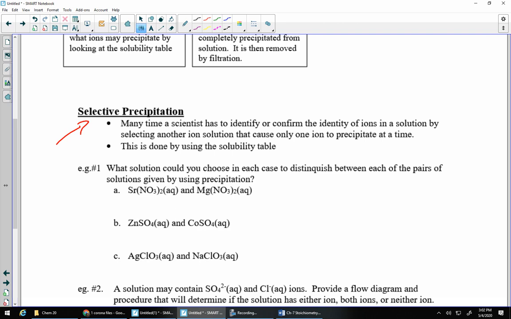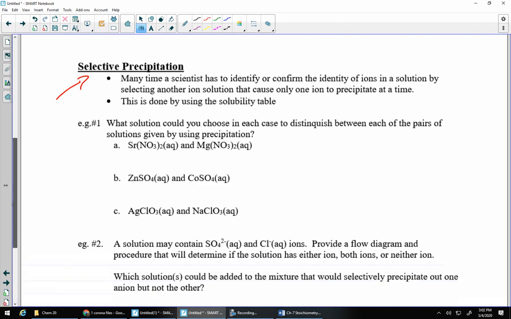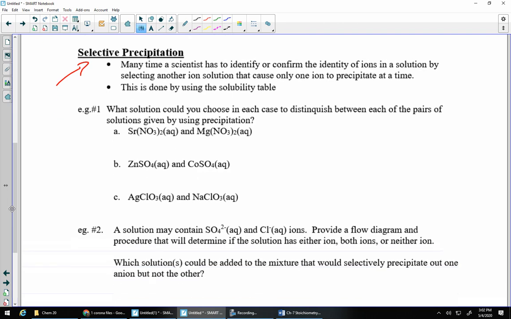So let's try and figure this out a tiny little bit. What solution could you choose in each of these situations? This is example 1, to distinguish between each of the pairs of solution by using precipitation.